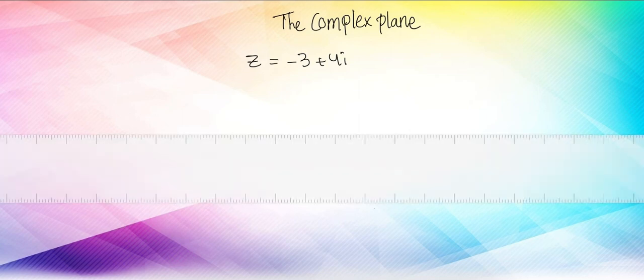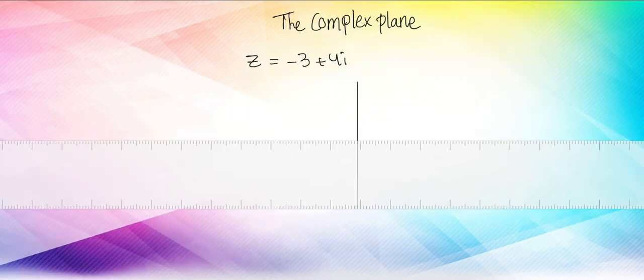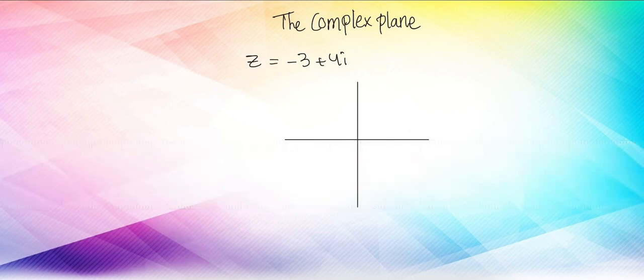So we want to draw a line like this. We finish the line, and we're going to give you the example: z equals r (cos θ + i sin θ).